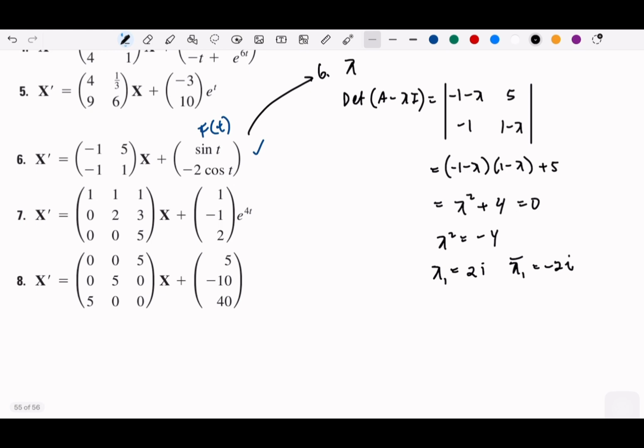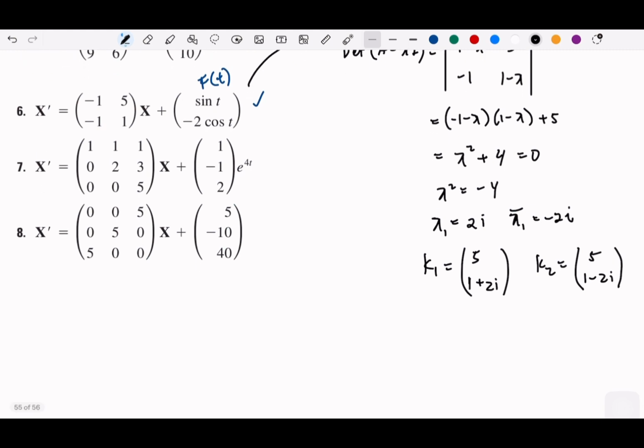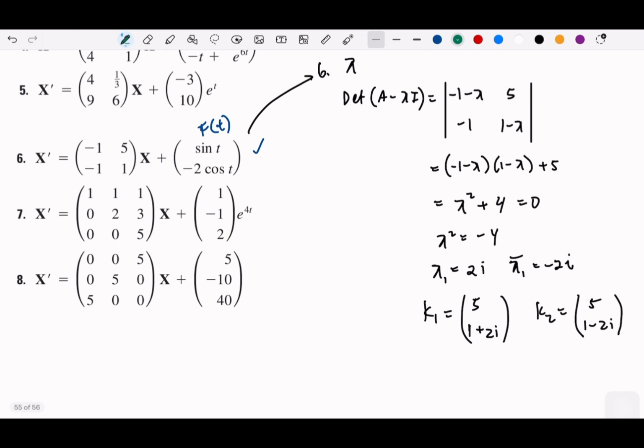And then from these two eigenvalues, we can have a k1, which is 5 and 1 plus 2i, and then k2, 5 and 1 minus 2i. So eigenvalue, and then this is find k.